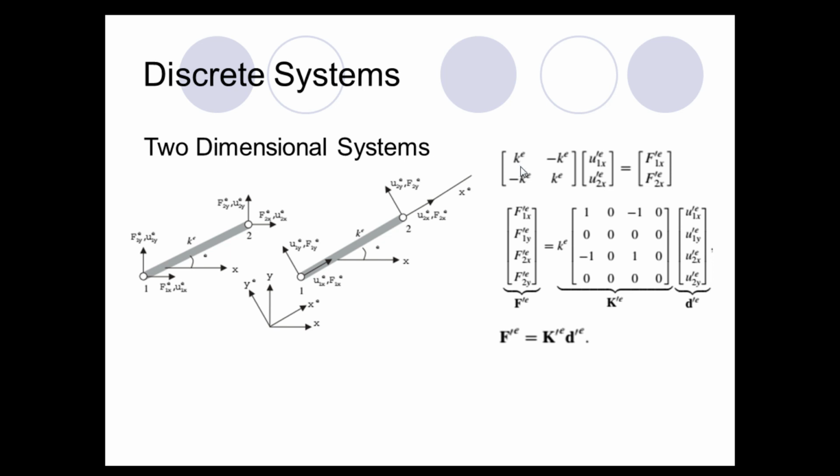Remember that. So ke minus ke u1 prime x. So this is u1 prime and this is u2 prime y. These are the rotated displacements, and then forces in these directions. Okay. And it is k minus k minus k k.